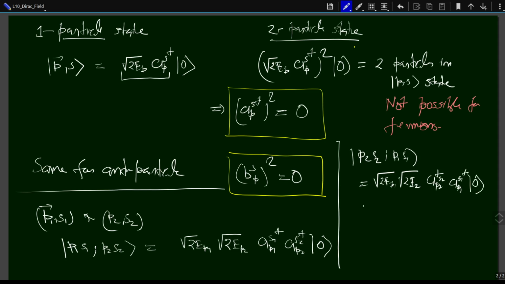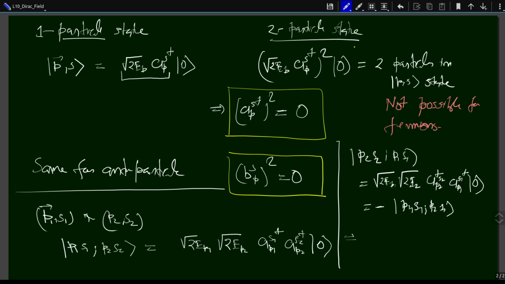But this has to be minus the state with P1 S1 and P2 S2 exchanged, because if you extend to fermions, the wave function picks up a minus sign. That's what we know from quantum mechanics, again a part of Pauli's exclusion principle.